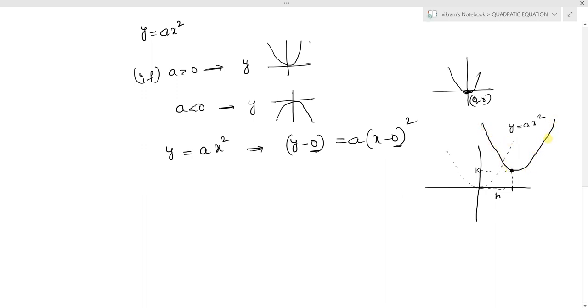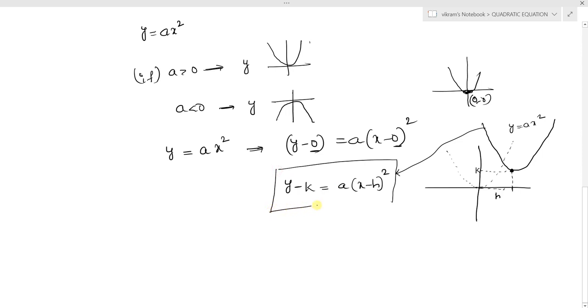How can this curve be represented? This curve is represented as y minus k equals a times x minus h whole square. This is the way of representing a parabola if it is shifted to h comma k.